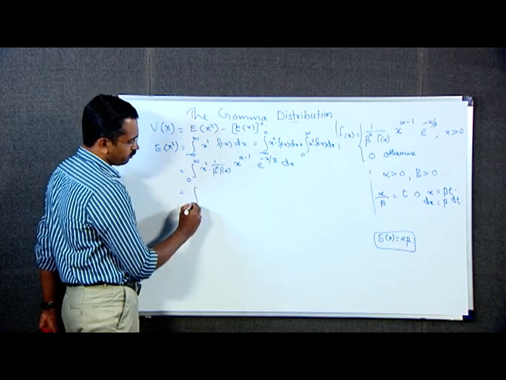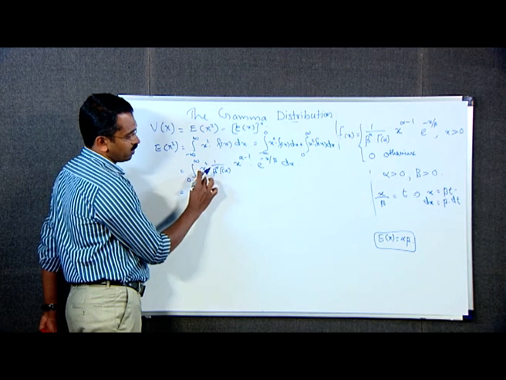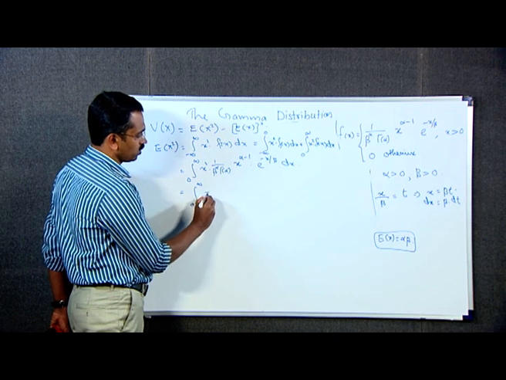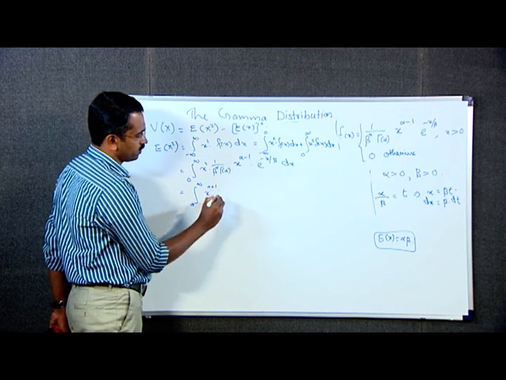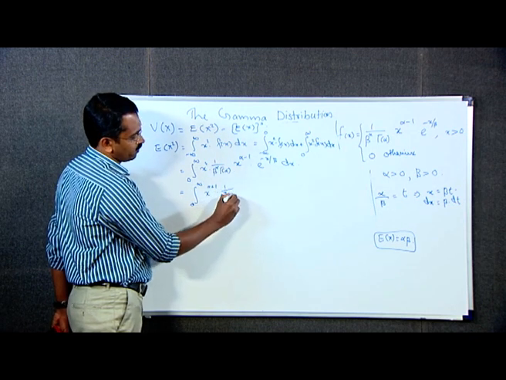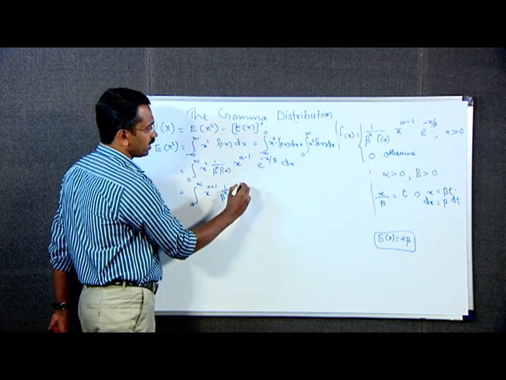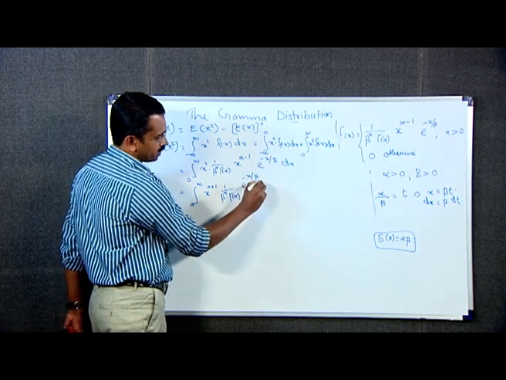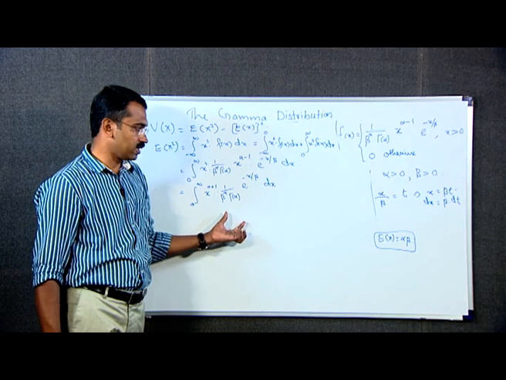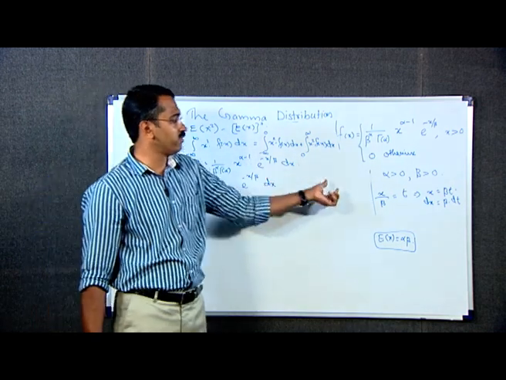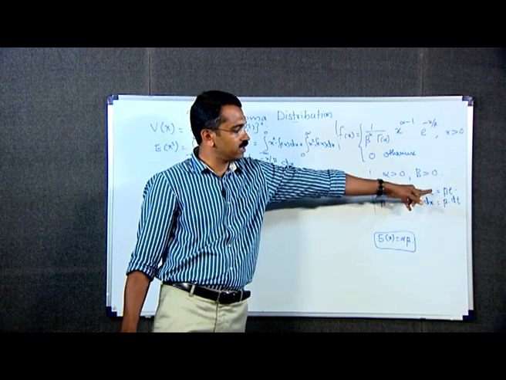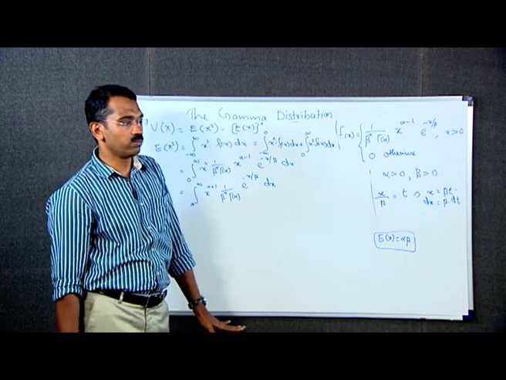This is equal to integral from 0 to infinity x square into x raised to alpha minus 1, means x raised to alpha plus 1, into 1 by beta raised to alpha gamma alpha e raised to minus x by beta dx. In order to evaluate this integral, as in the previous case, we use the substitution x by beta is equal to t, so that x is equal to beta into t and dx is equal to beta into dt.